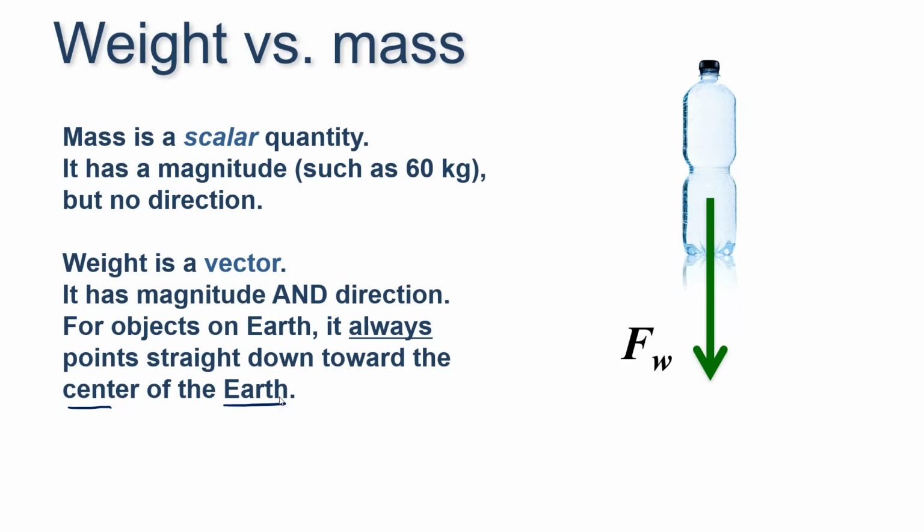And you'll hear me say that a lot. We're going to start doing some calculations. I don't know if we'll get to them today or not. It really depends. But we're going to do some calculations, and I'll say, remember that the acceleration due to gravity is going towards the center of the Earth. Gravity pulls you towards the center of the Earth.